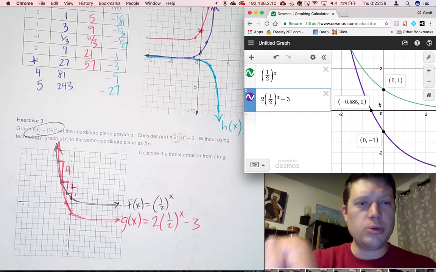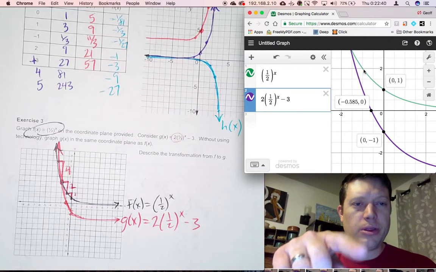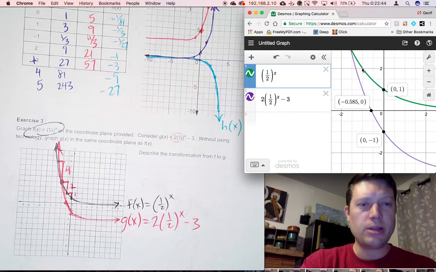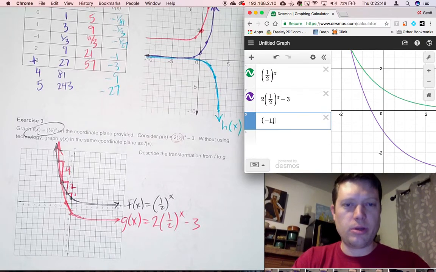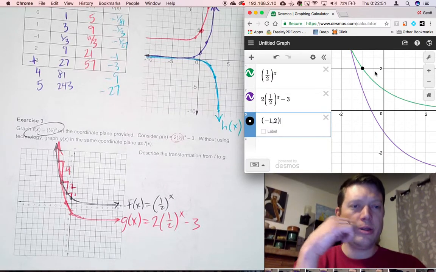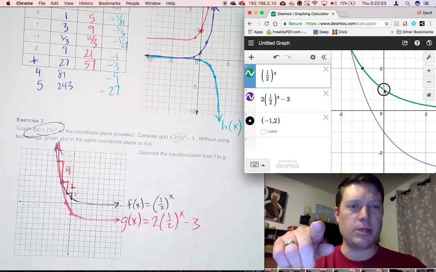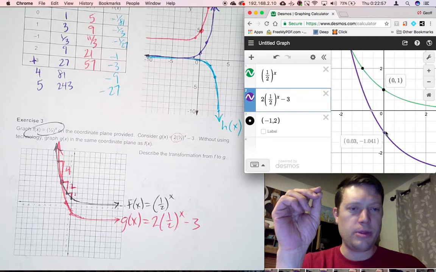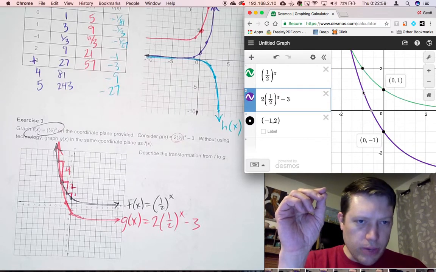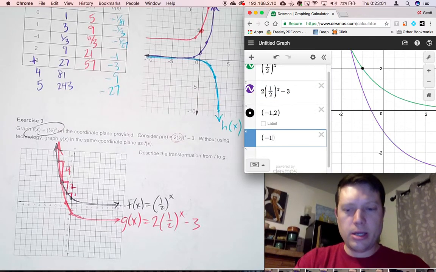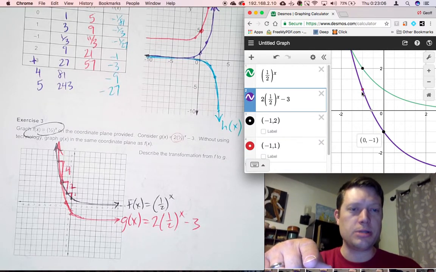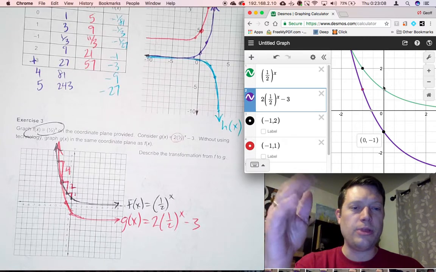I do agree that if this point right here is creating that, let's see if I can lock it in. I can't lock it in. I can type it in. -1, 2. Okay, so this point right here to this point, that is a rise of 1, run of 1. And from this point to the one that's directly in line right there, that's at -1, 1. Okay, from this y-intercept to this one, we doubled that gap.